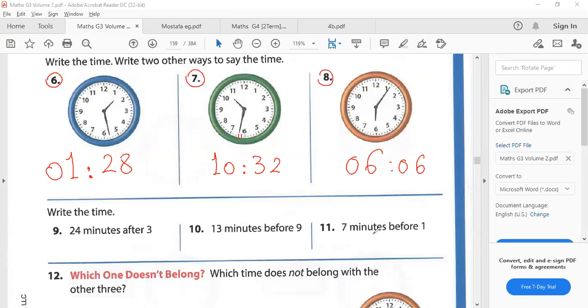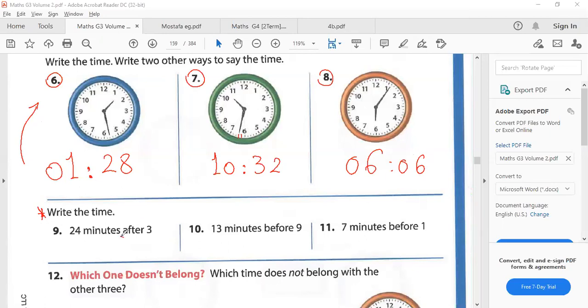Tayyim Hazim. Hello, Tayyim. How are you? I'm fine, thank you. What about you? I'm fine. Okay, here the question says, write the time. We have 24 minutes after 3. After 3, as we did in all the previous ones. All of them are after. We don't have any problem with after.